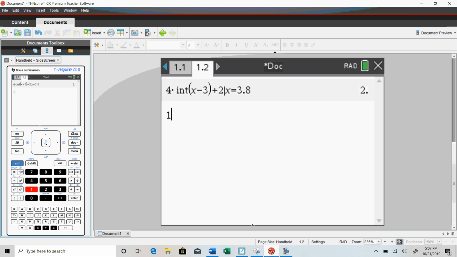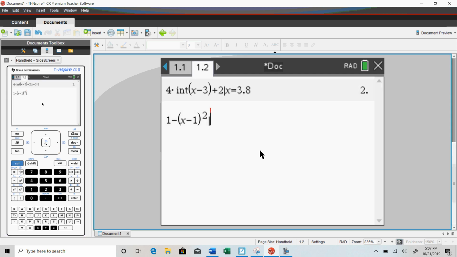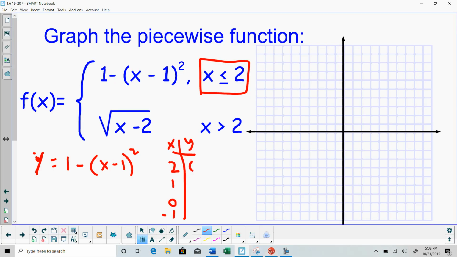So I want 1 minus parentheses x minus 1 close parentheses squared. And then I need the such that key, and I want x equals what we're starting with, 2, right? And I'm getting 0. So I know that my first ordered pair is 2, 0.